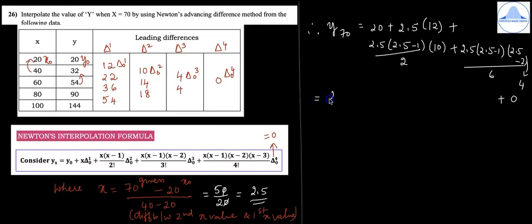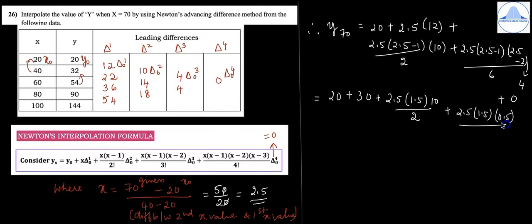So this is equal to 20 plus 30 plus 2.5 into 1.5 into 10 divided by 2 plus 2.5 into 1.5 into 0.5 divided by 6 into 4. So add these two.